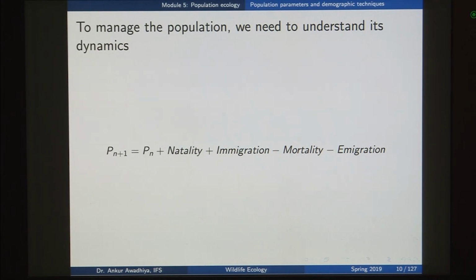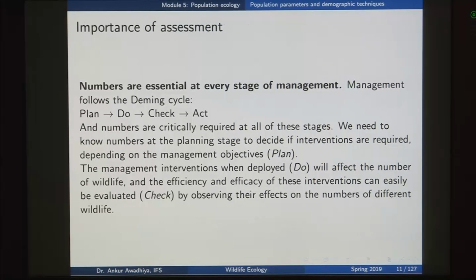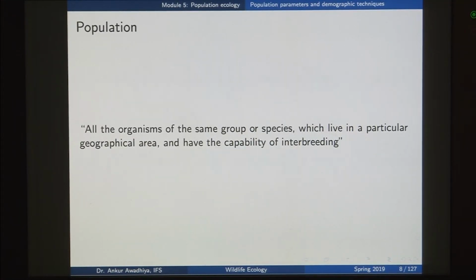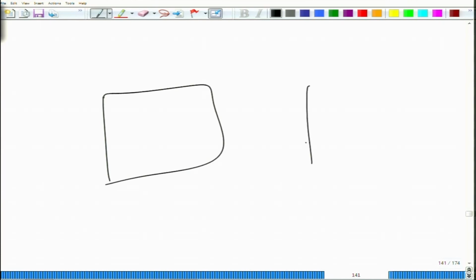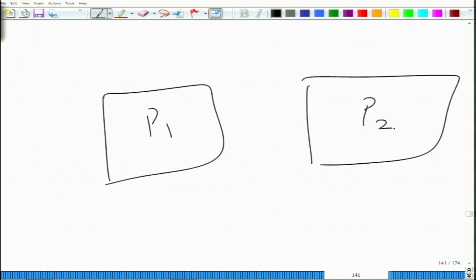Now, if you look at the definition of population again, here we have which live in a particular geographical area. Now, if we have say two populations, so here we have a population that is P1, this is a population called P2, and then there is some number of animals say Pi that move from P1 area to the P2 area. So, they are moving from the first population to the second population.